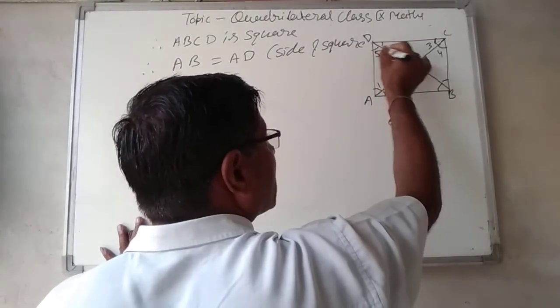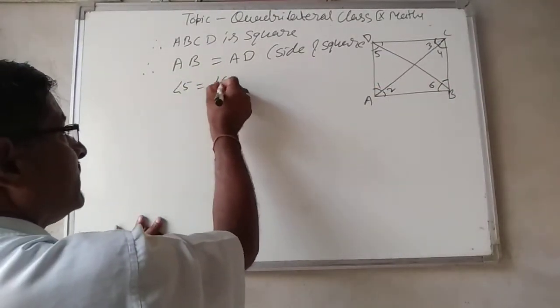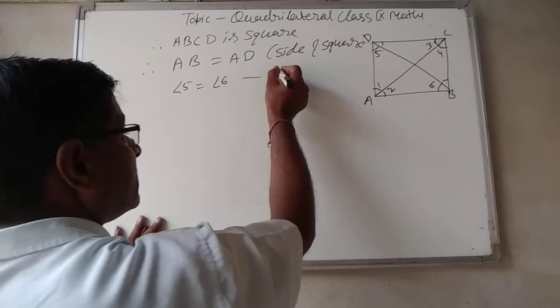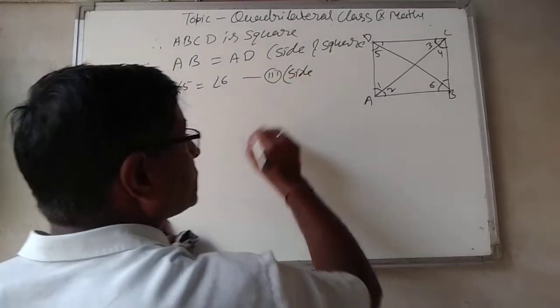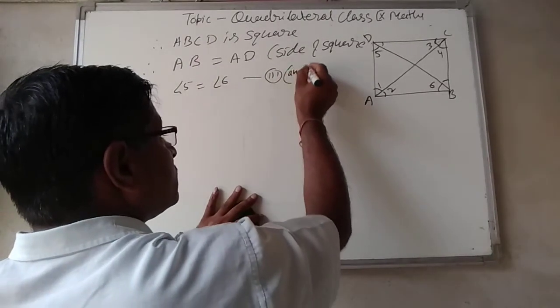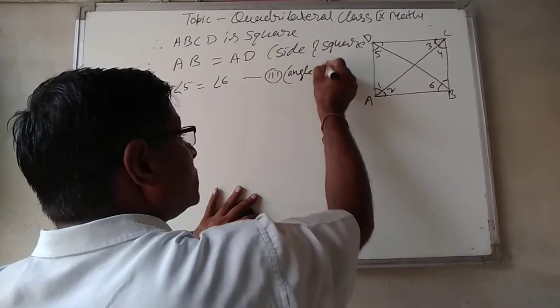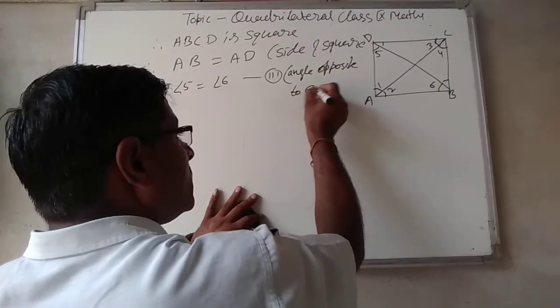Therefore angle 5 is equal to angle 6, equation number 3, angles opposite to equal sides.